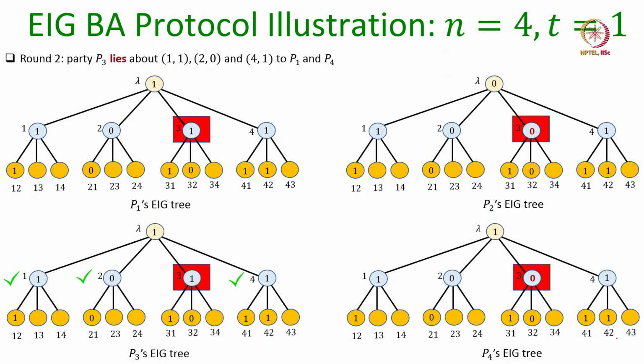Now, let us see what P3 does in round 2. Remember, P3 is corrupt. In round 1, it lied to 2 and 3, and it honestly communicated to 1 and 4, but now it might change its strategy. In round number 2, it might decide to lie to a different set of parties, and that is allowed as per the Byzantine behavior, because now P3's system is completely under the control of an adversary.